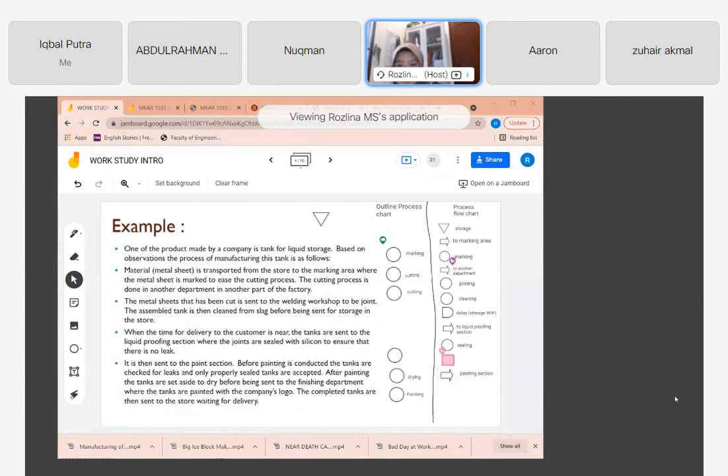Okay, good. Sealing. Okay, to paint section. Okay, to liquid proofing section, silicon sealing section.